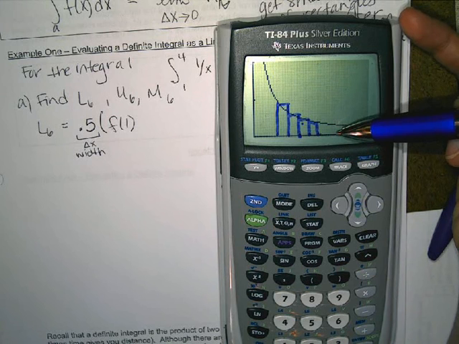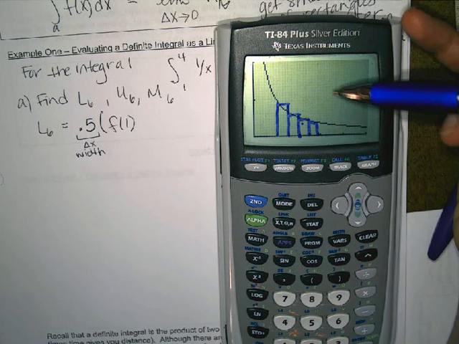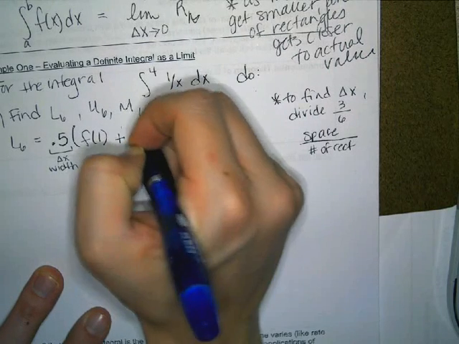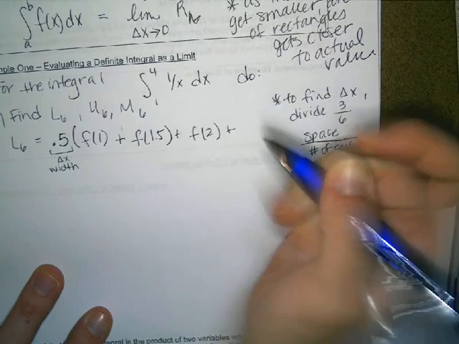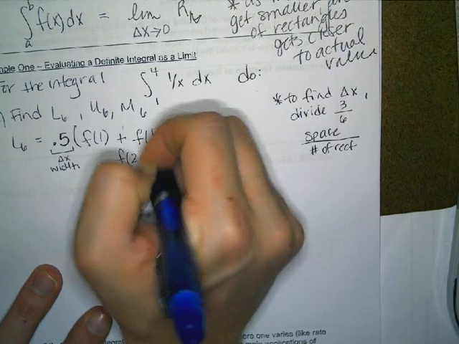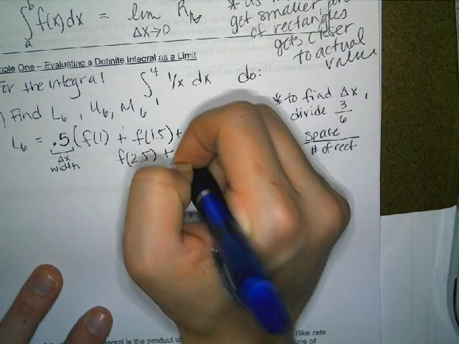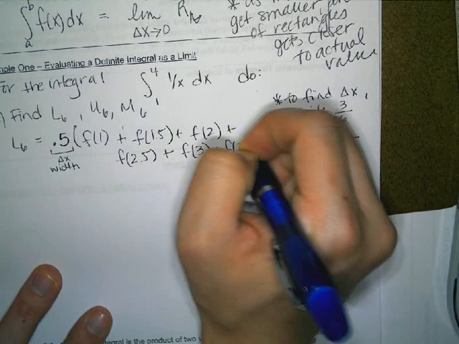Because if I plug in 4, that's the right-hand side of that last rectangle. So I'm going to do f of 1 plus f of 1.5 plus f of 2 plus f of 2.5 plus f of 3 plus f of 3.5.